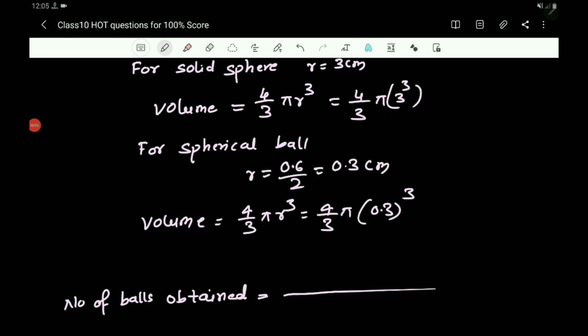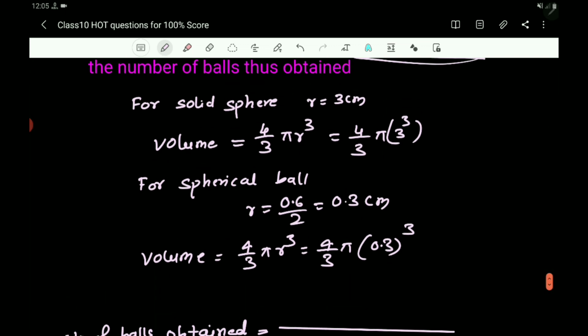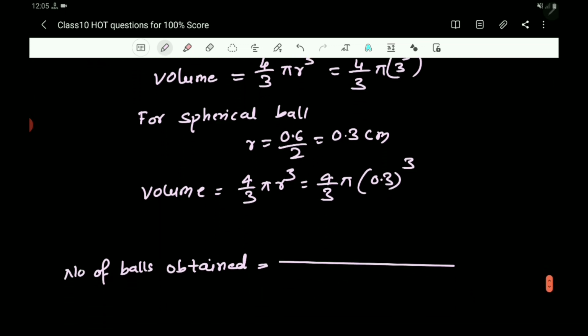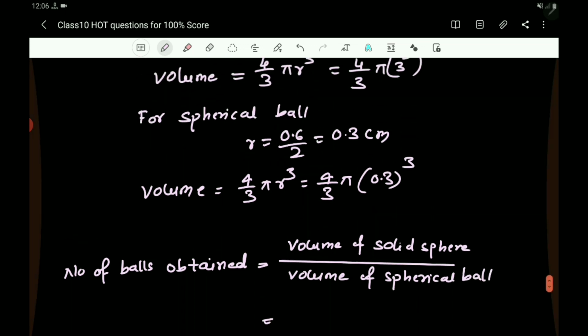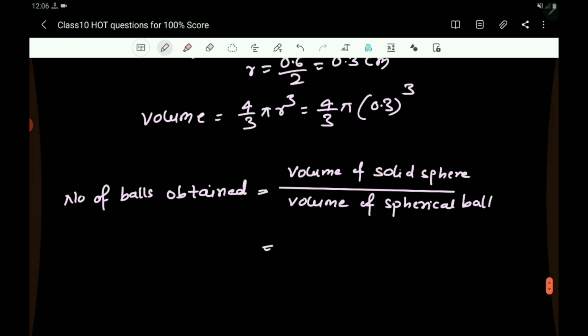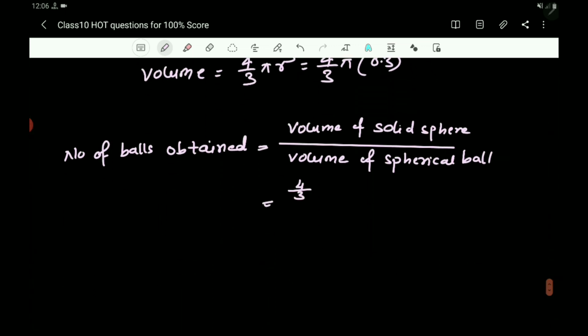Number of balls obtained equals, what you have to write? Volume of solid sphere divided by volume of spherical ball. Volume of sphere you got 4 by 3 pi into 3 cube.